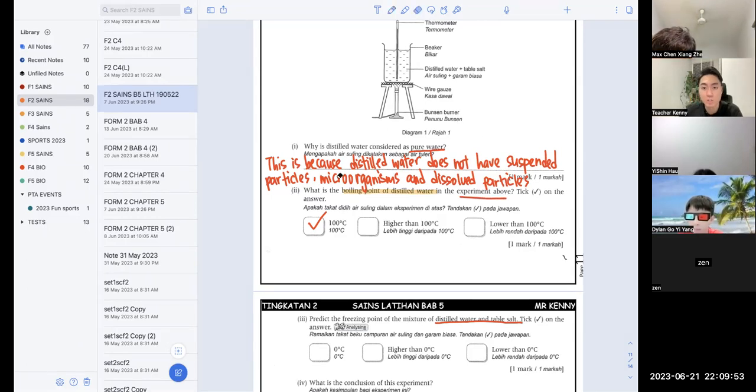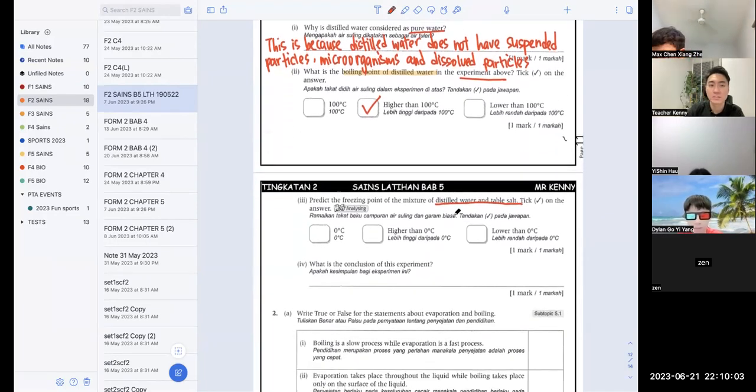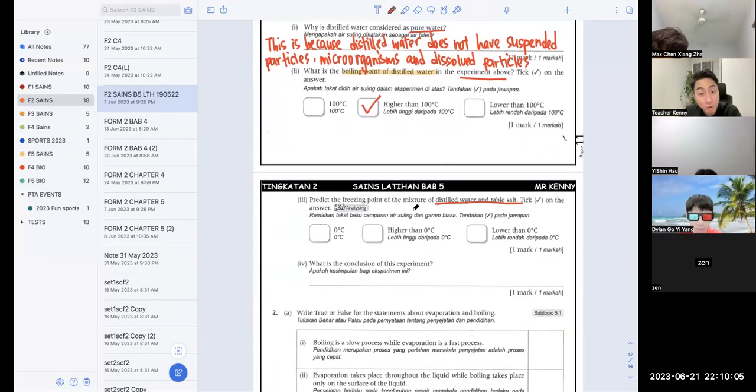Experiment above has salt, so not 100. Okay, higher than 100. Next is predict the freezing point. Now remember, salt impurities make your boiling point higher and make your freezing point lower. So it should be lower than 0 degrees Celsius.